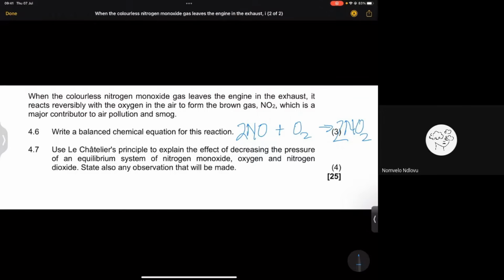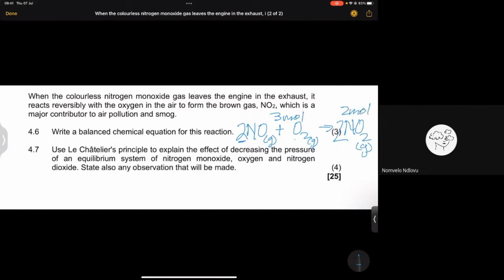You remember when I was explaining earlier on? The moment we look at pressure, what do we look at? We're going to check how many moles of gas we have on the left hand side. So you've got 2 plus 1, so you've got 3 moles, and then on the right, you've got 2 moles.